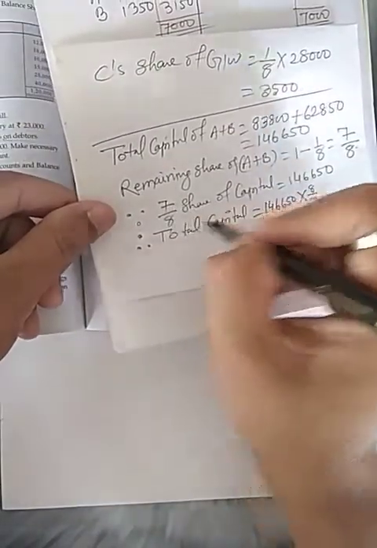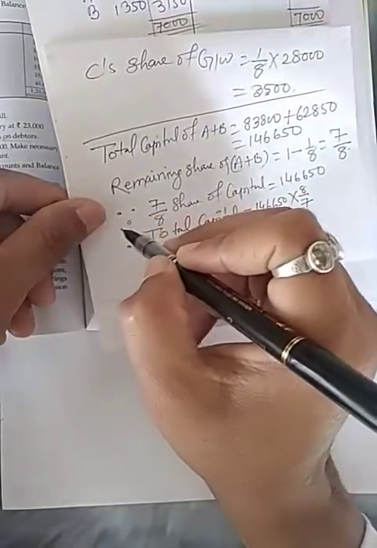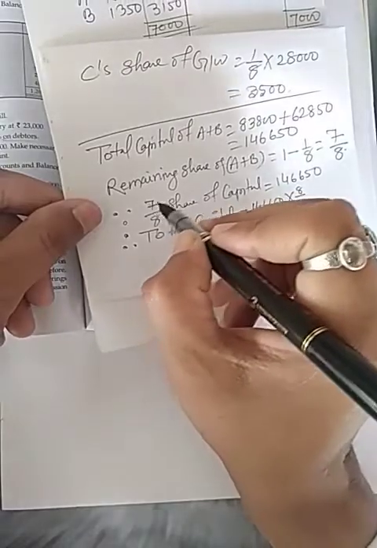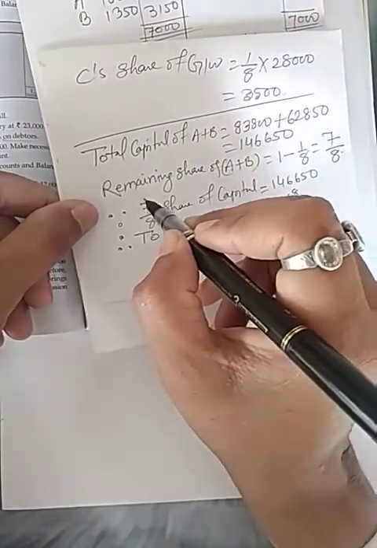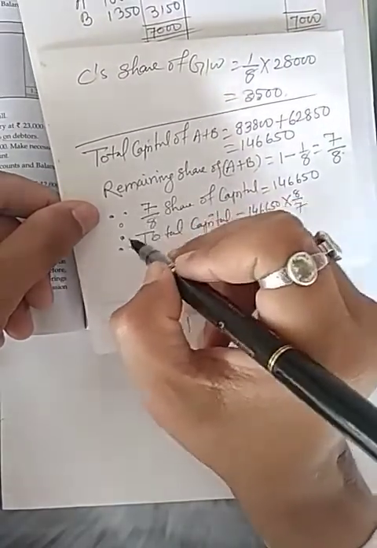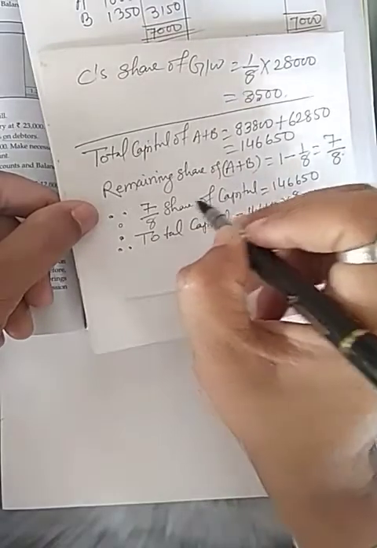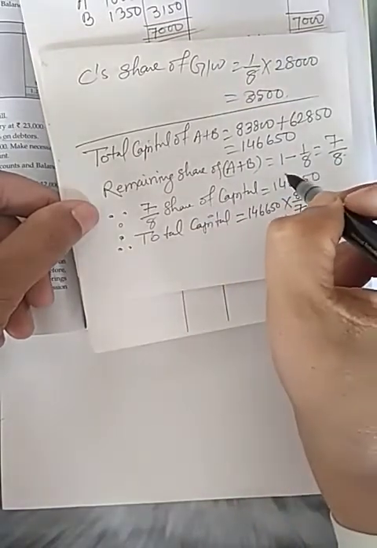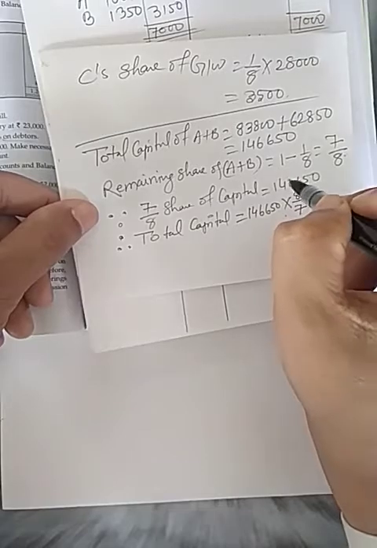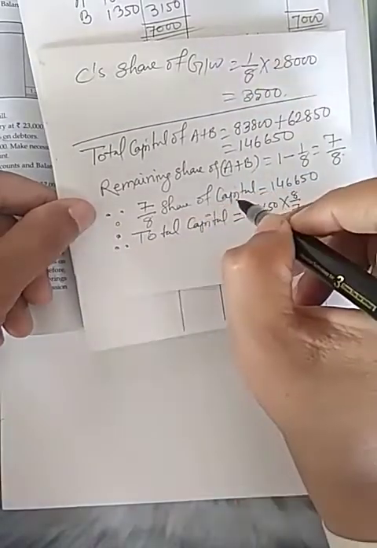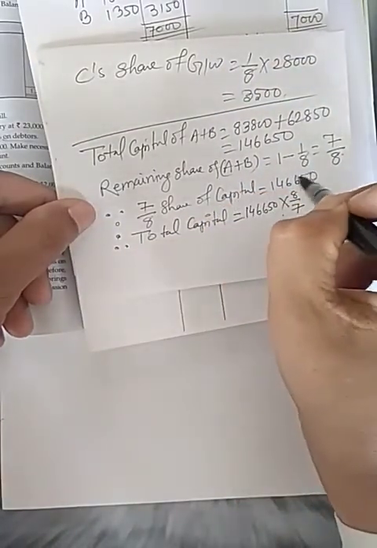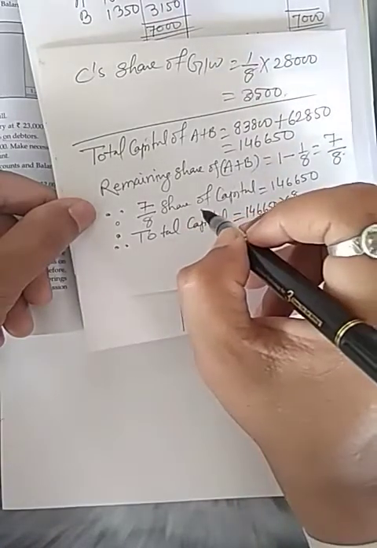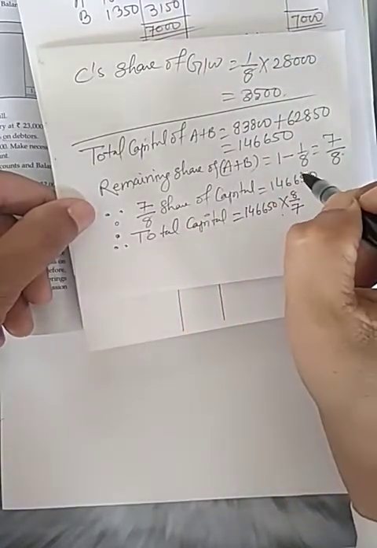It will be the opposite. Suppose I have to calculate: 1/4 share equals 5 rupees. That means a quarter equals 5 rupees.